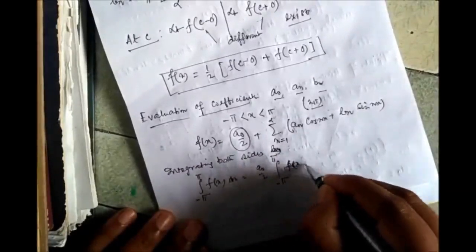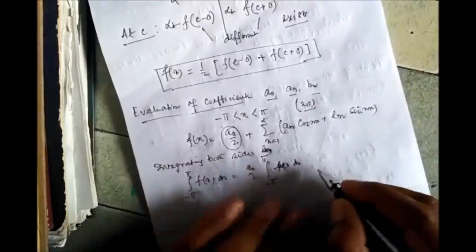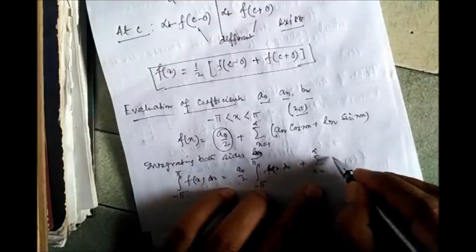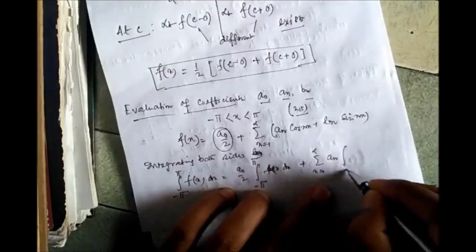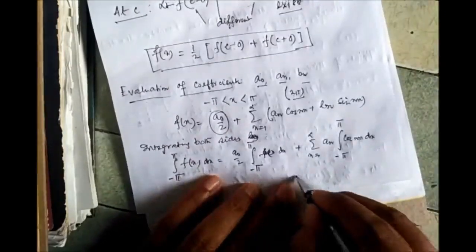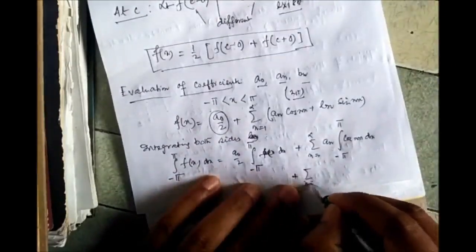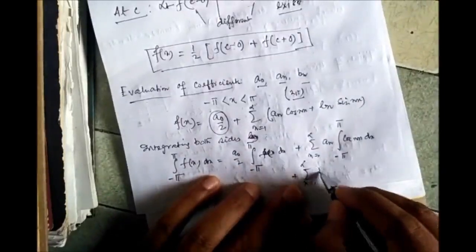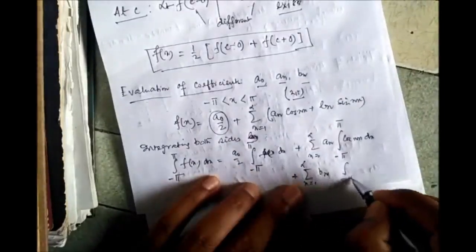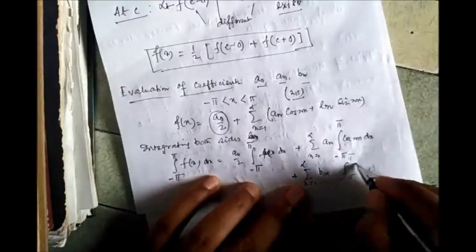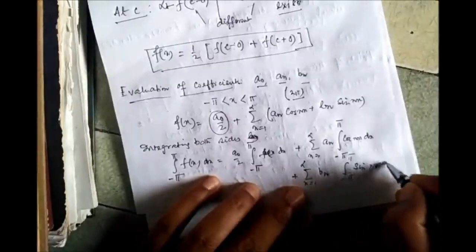So this will be a0 by 2 integral dx plus sum over n equal to 1 to infinity an integral from minus pi to plus pi cos nx dx plus sum over n equal to 1 to infinity bn integral from minus pi to plus pi sin nx dx, right?